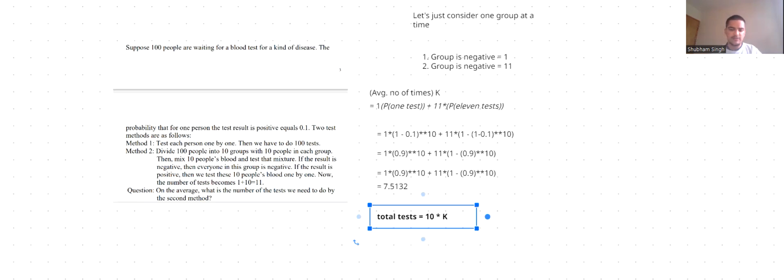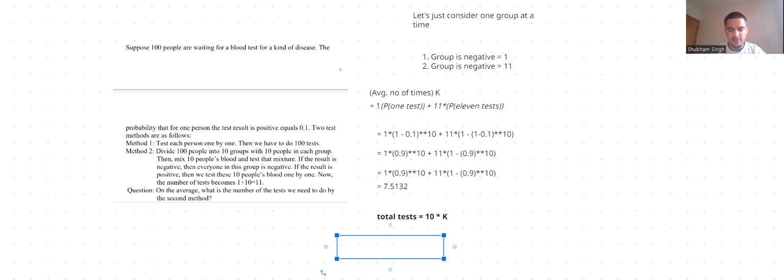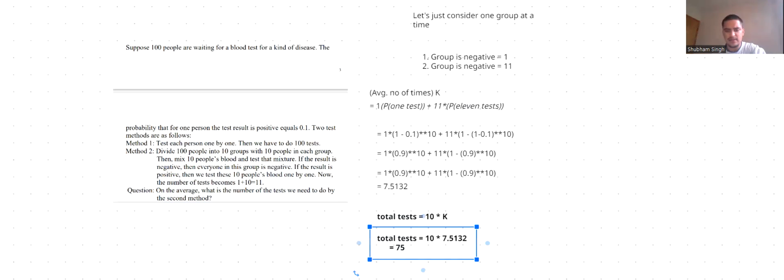So 10 times 7.5132 is around 75, so we can write 75 or we can write 76. We can write 76 actually. So on average, we would need to do 76 tests using the second method for testing 100 people.